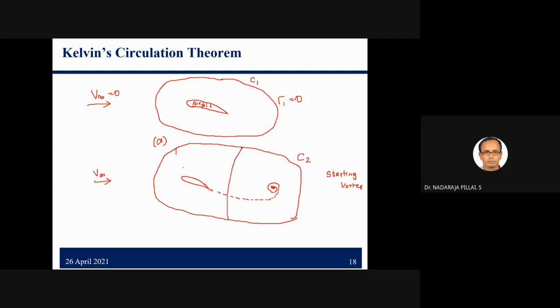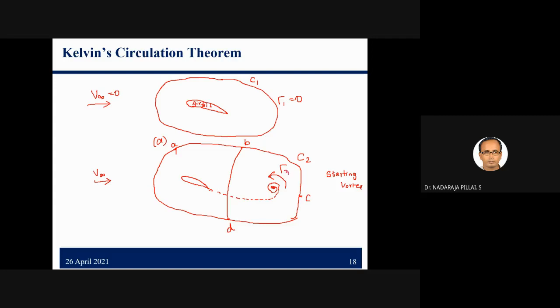I want to have one airfoil and another one the starting vortex. So let me say a point A here, point B here, point C here, and the point D here. So A, B, C, D forms a closed curve C2. Now, because of the starting vortex here, it will have a circulation gamma.